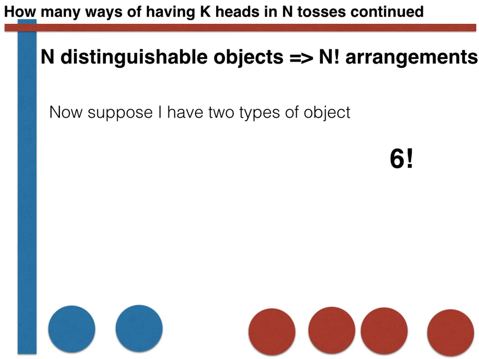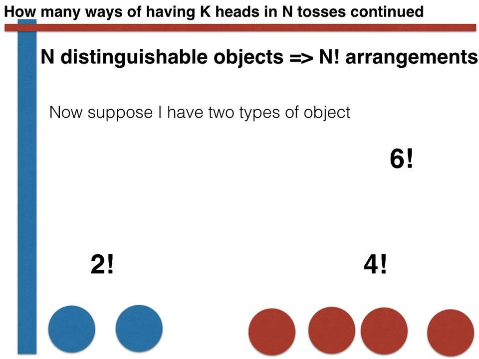In particular, there are 2 factorial ways of arranging the 2 blue circles in any given sequence, and 4 factorial ways of arranging the 4 red circles in any given sequence. In other words, there are 2 factorial times 4 factorial ways of arranging the individual blue and red circles in every distinguishable arrangement of blue and red circles.